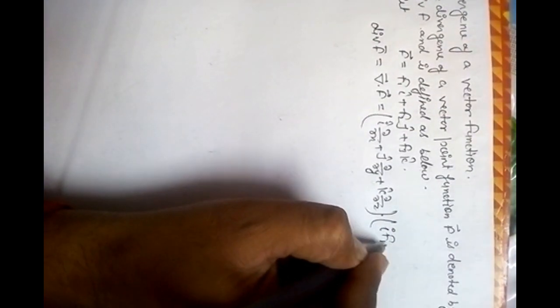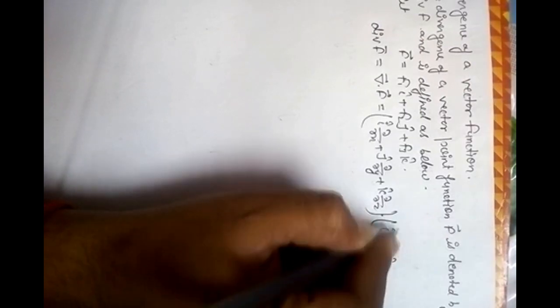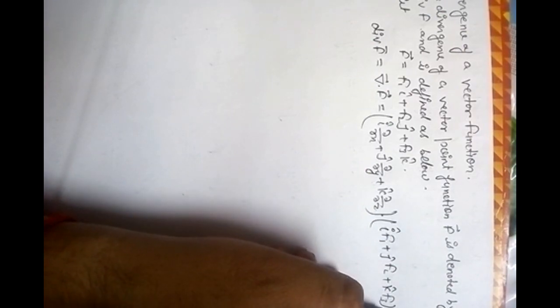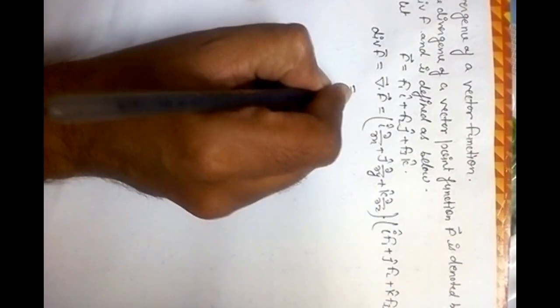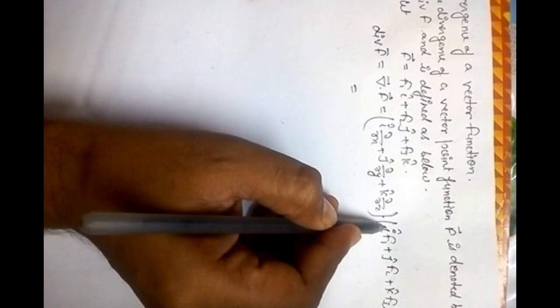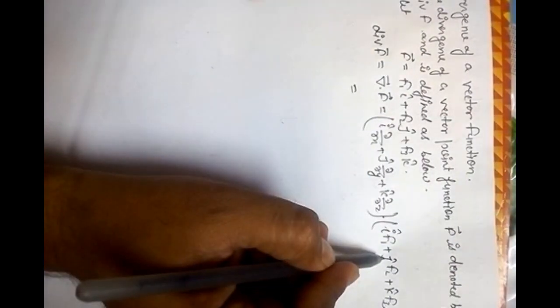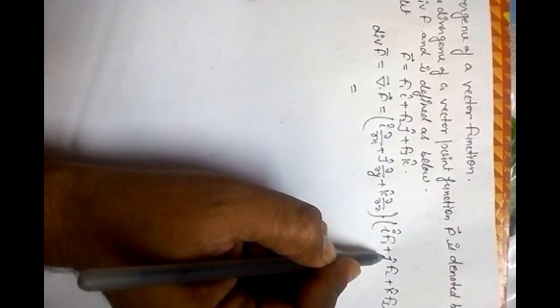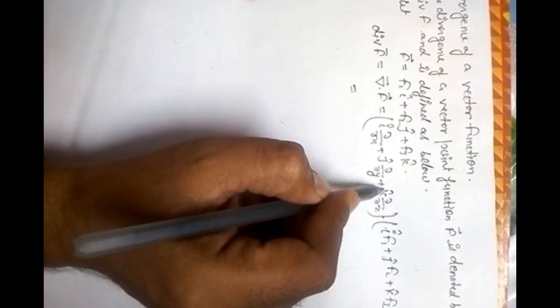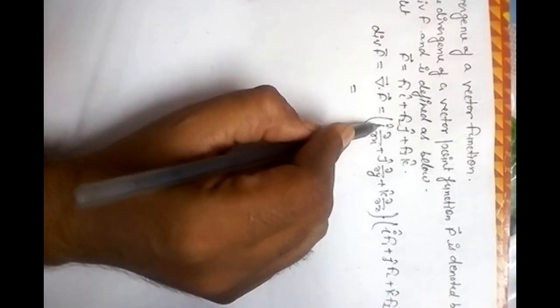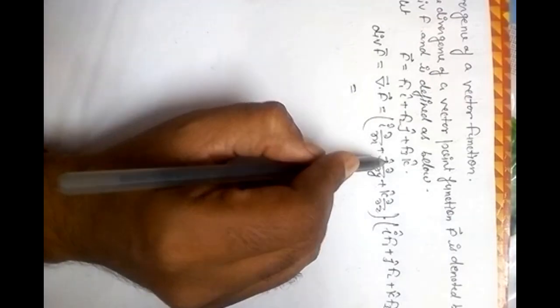Dot i F1, j F2, k F3. So i dot i is 1, j dot j is 1, k dot k is 1, and i dot j is 0, j dot i is 0, k dot i is 0, k dot j is 0, and i dot k is 0, j dot k is 0.